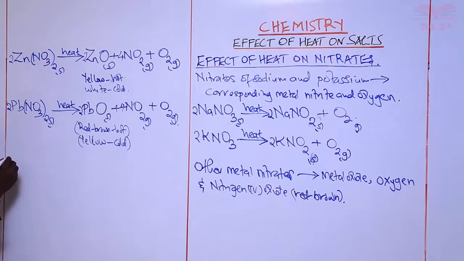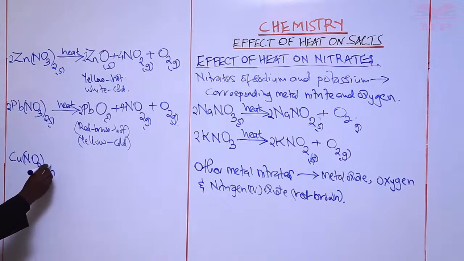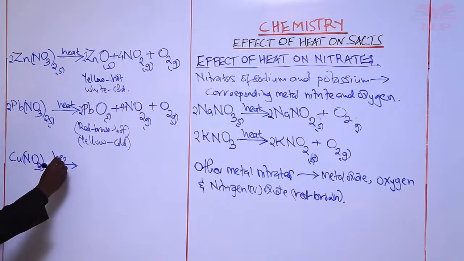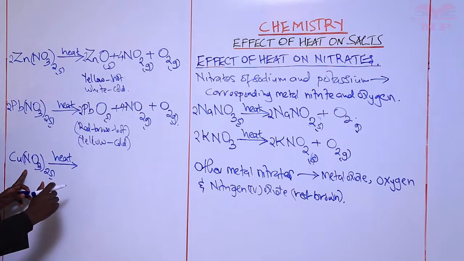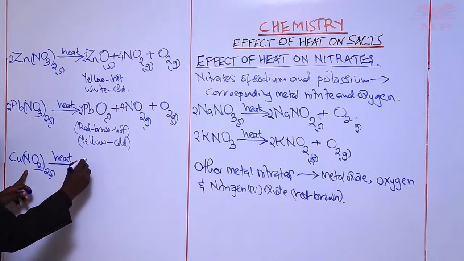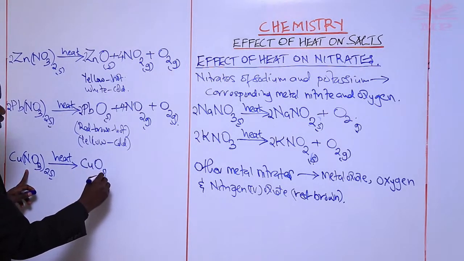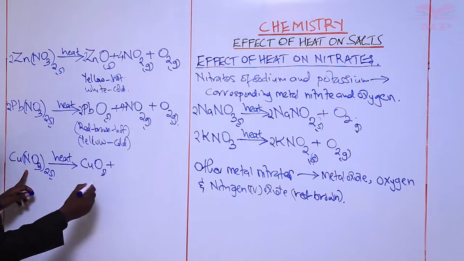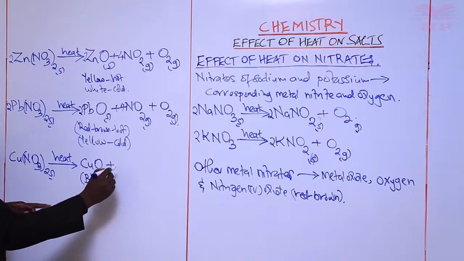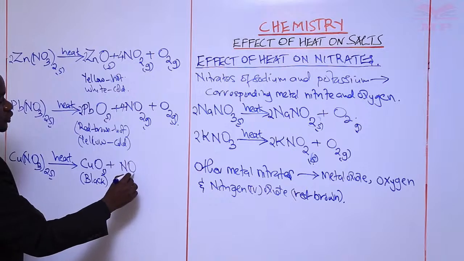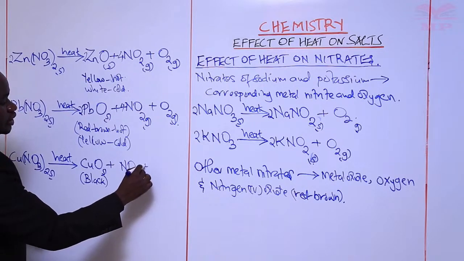Another example is copper nitrate. Remember, I have said these are elements which are found in the middle of the reactivity series. So the products of heating copper nitrate will be copper oxide, which we said earlier on is black in color, and then the other product will be nitrogen oxide gas.